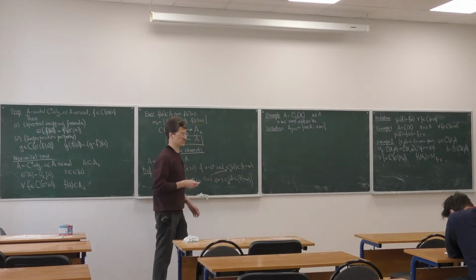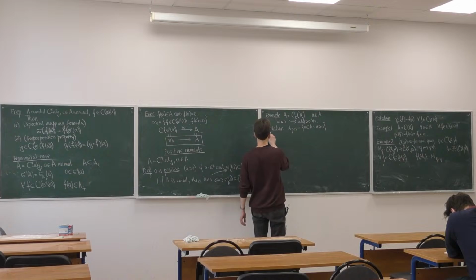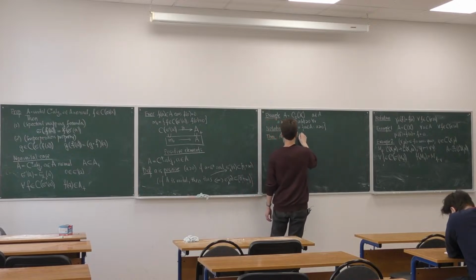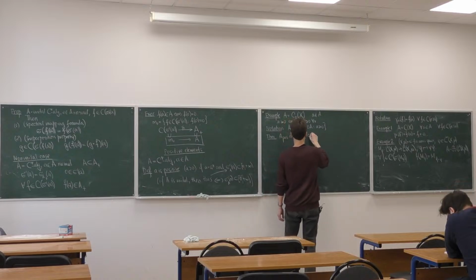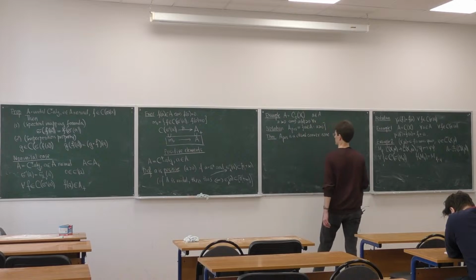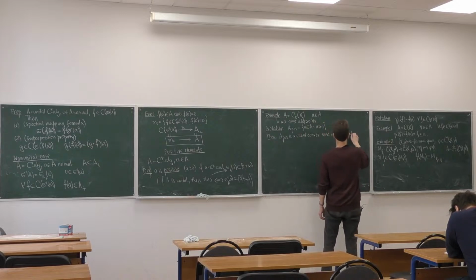Well, this is a subset of A. But in fact, this is not just a subset. This subset has some special properties. So we have the following theorem. The set of positive elements is a closed convex cone in A. This means the following.